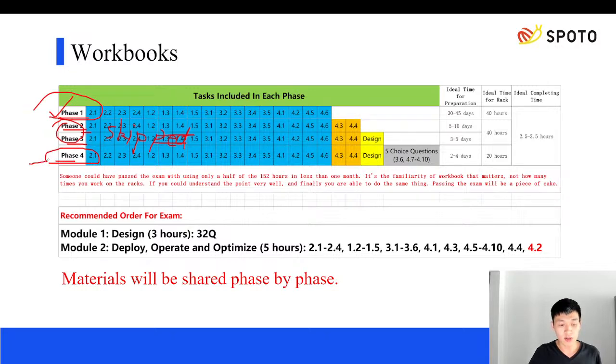Phase 4 is the final solution for DOO. And you can see these are all the tasks except design. Design was previously added in phase 3. So try your best to achieve the goal in each phase, following our steps 100%.